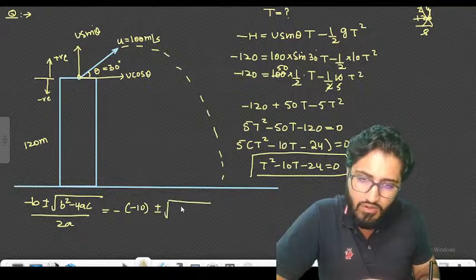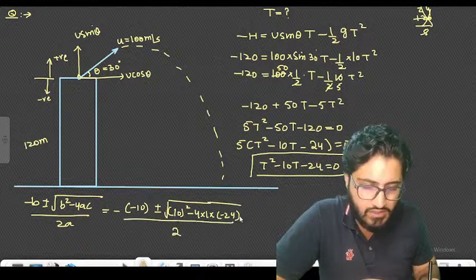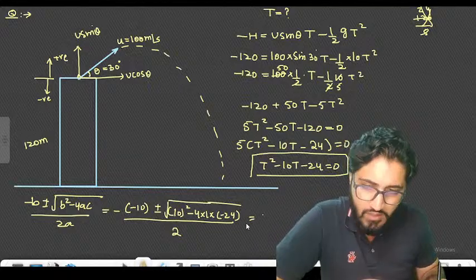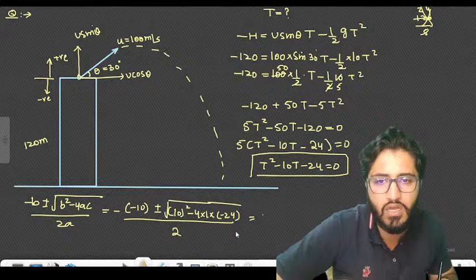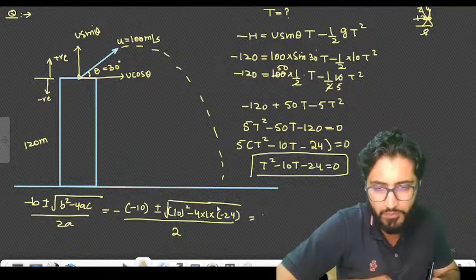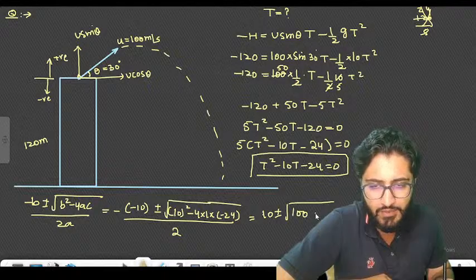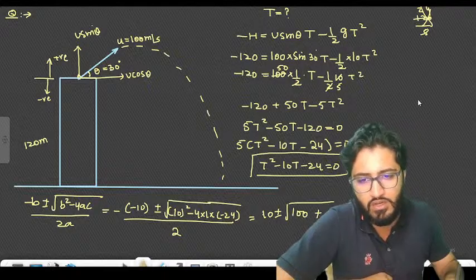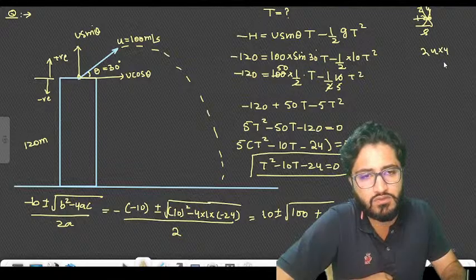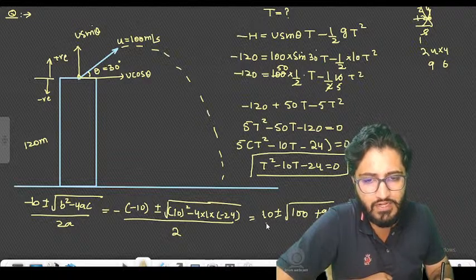Plus minus under root of b square is 10 square, 100, minus 4 into a into c, where c is minus 24, whole divided by 2 into 1. 24 multiplied by 4 is 96.